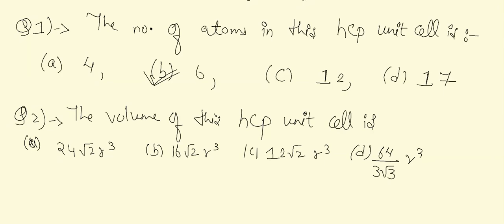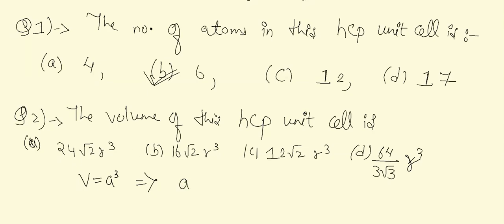You have studied this thing in your chapter also, how to find the volume. The formula of volume is A cube, and the value of A for HCP is given by. So how to find it here?